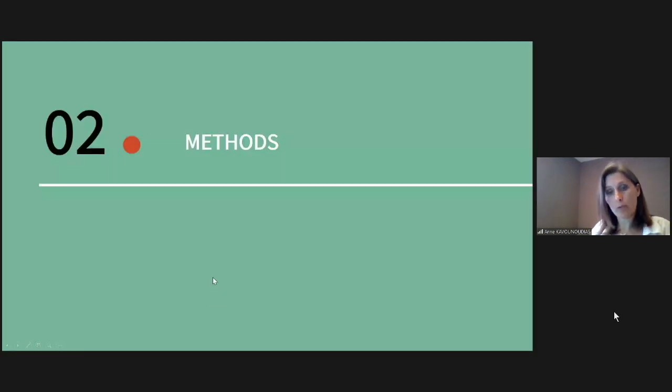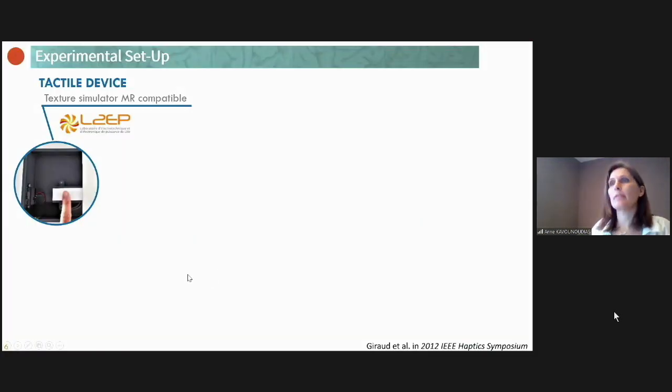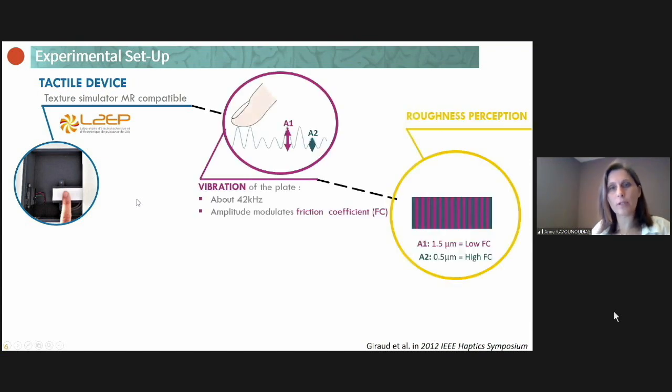So to address this question, we use a specific tactile device able to simulate virtual texture. Its principle is based on ultrasonic frequency vibration of the plate with very small amplitude that can modulate the friction parameter of the finger across the touchpad.